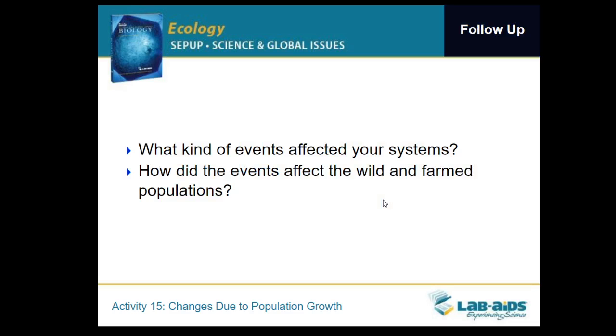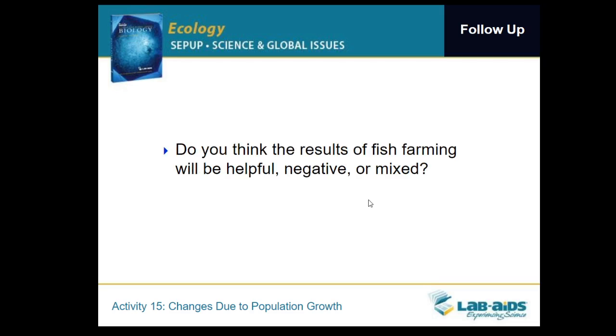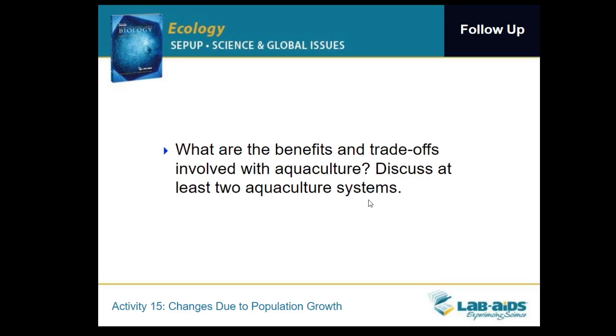So you could think about what kinds of events affected your system, how those affected both the wild and the farmed population. And then kind of going back to our question, one of the questions we thought about at the beginning, do you think that the results of fish farming are helpful, negative, or mixed? There's definitely a lot of trade-offs we have to consider as we would work with our farm, for both the farm itself and for the wild population.